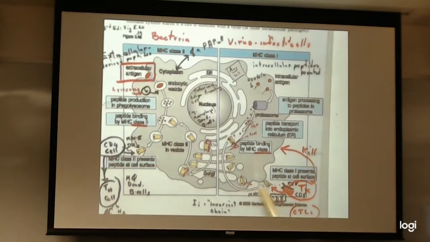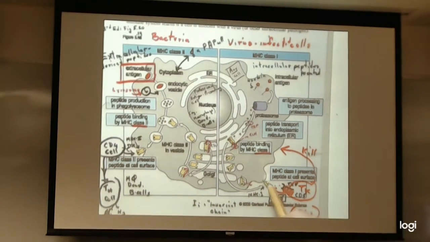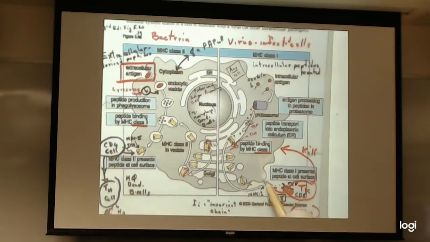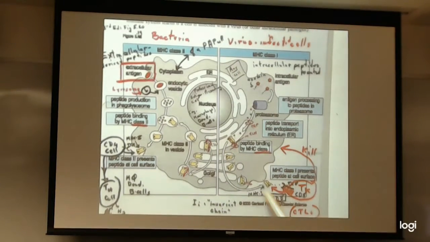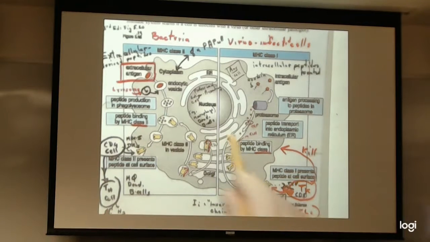So at all times, all your cells are presenting peptides from any one of the tens of thousands of different kinds of proteins that they have in their cytoplasm. So your normal cells have maybe 10 to the fourth MHC1 molecules on their surface. And these MHC1 molecules are presenting self-peptides.